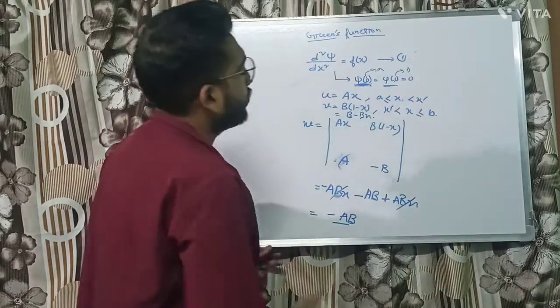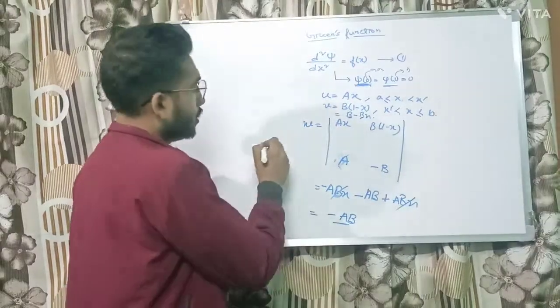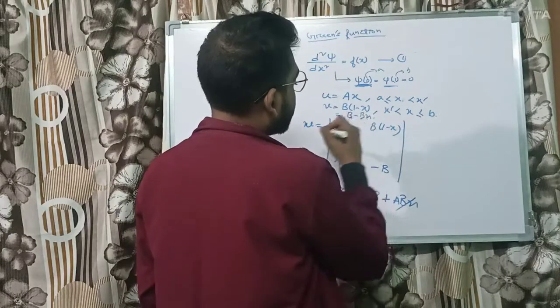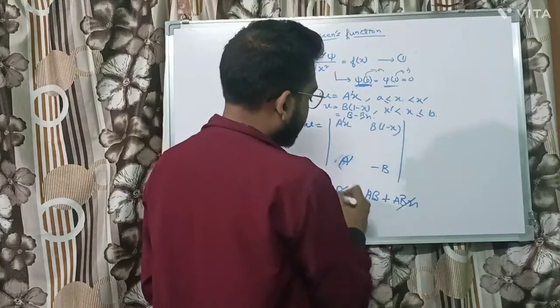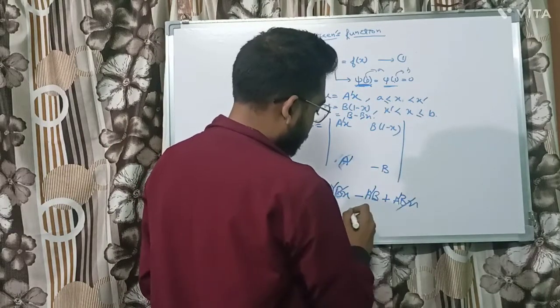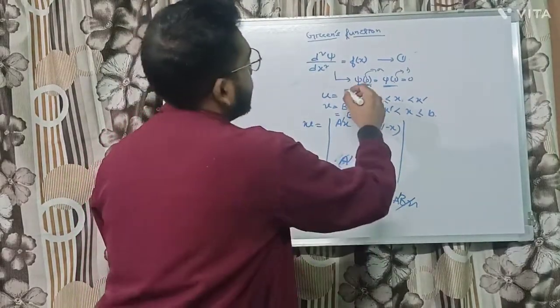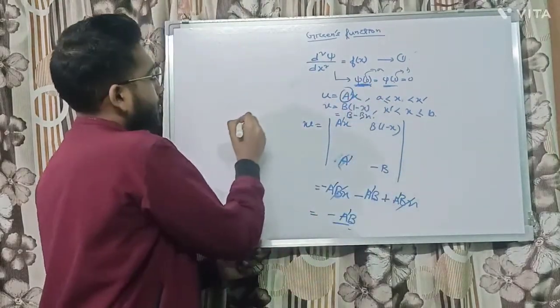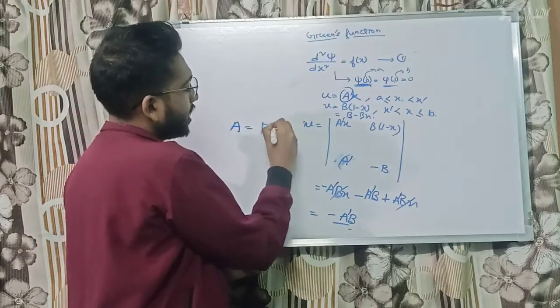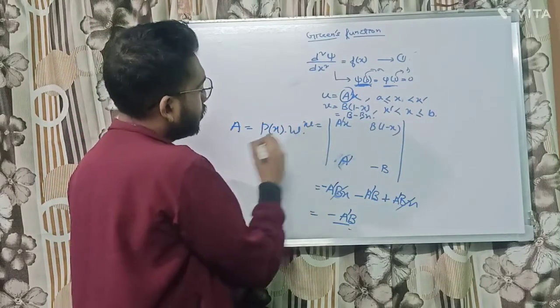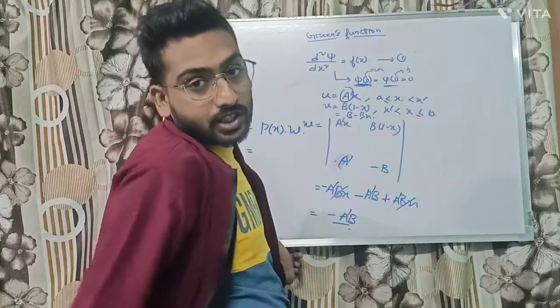So with this I have to evaluate my constant a value. Let me consider this constant as a dash, because I have some constant a also. So what is a dash? It is p(x) times W. What is p(x) for this equation?